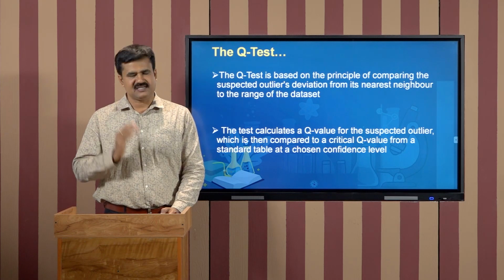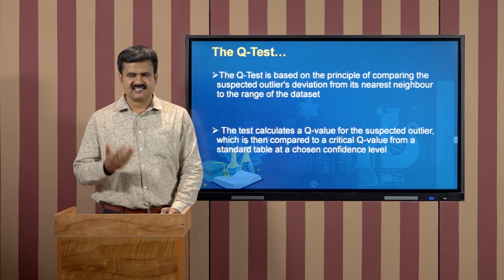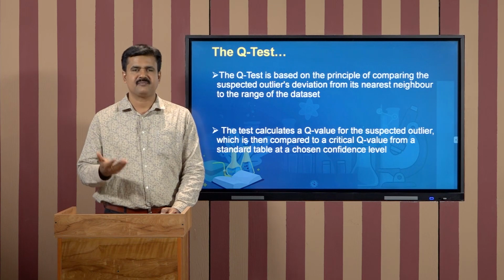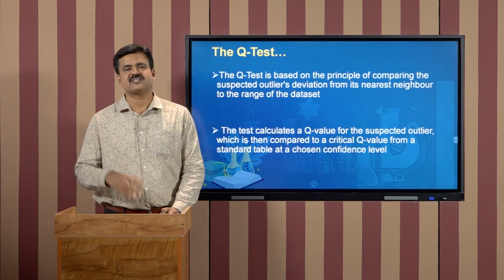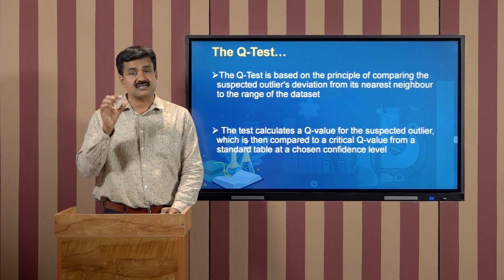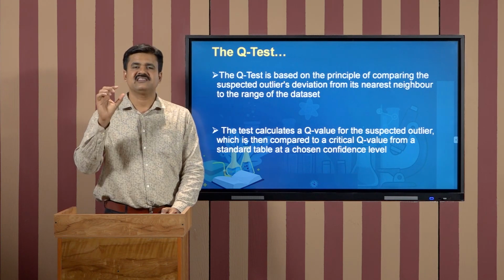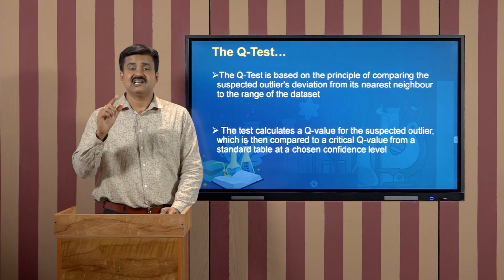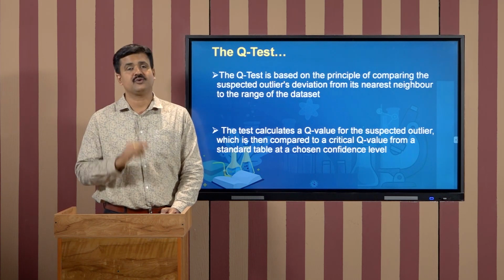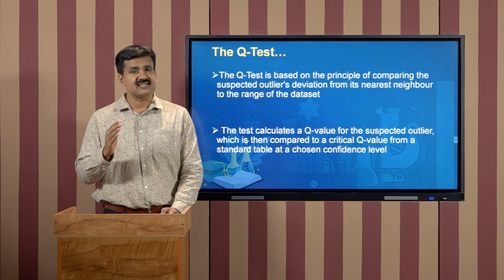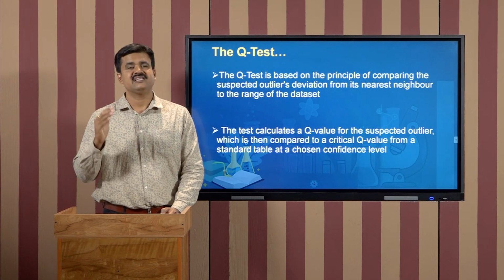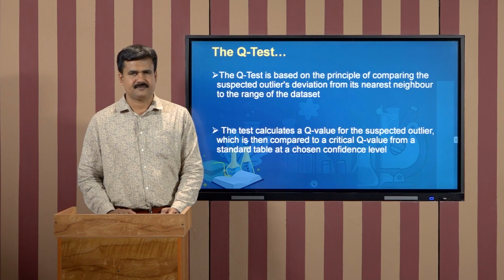In the Q table, there are confidence levels like 90%, 95%, 99%, etc. Based on the number of measurements, there is a fixed critical Q value, and that critical Q value has to be compared with the calculated Q value, and based on that you can take a decision whether the suspected value is an outlier or not.